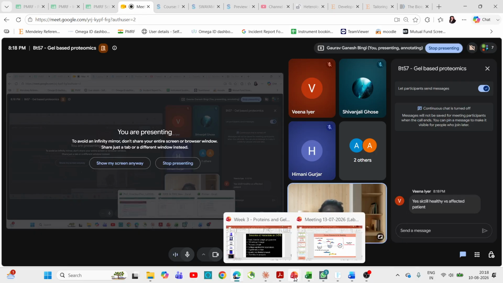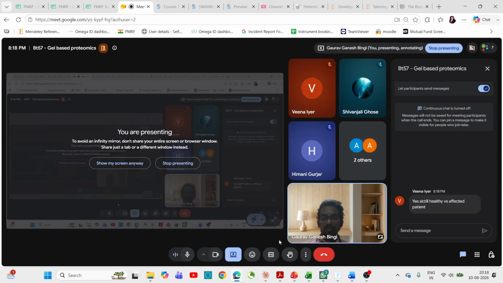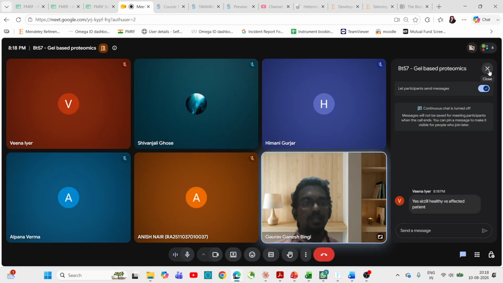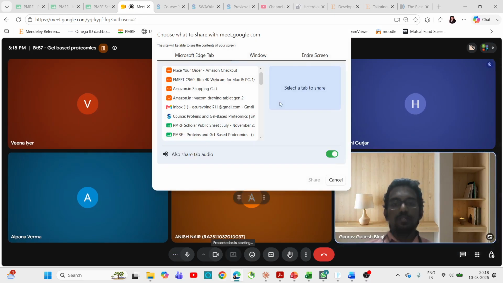Healthy versus affected. I'll stop and present again, just a minute, so that I have this window where I can see what you guys are talking about.